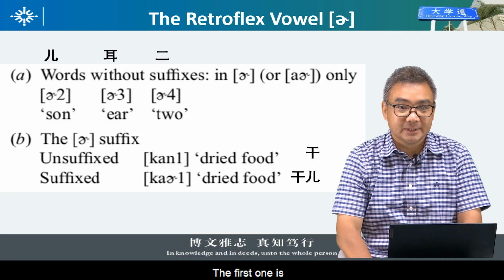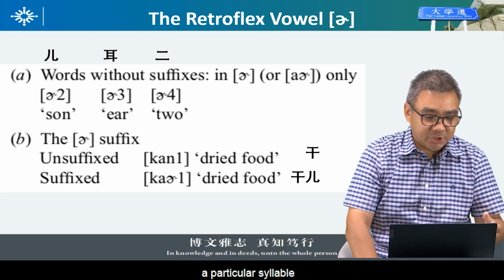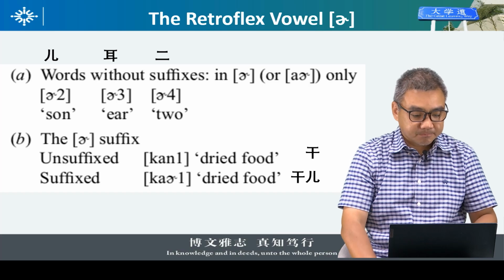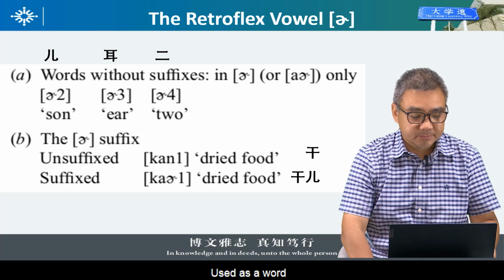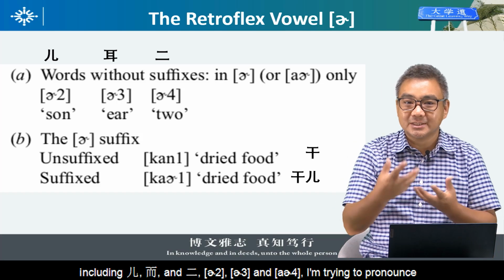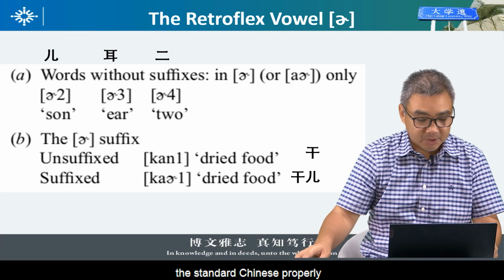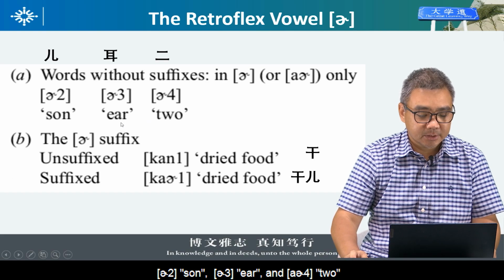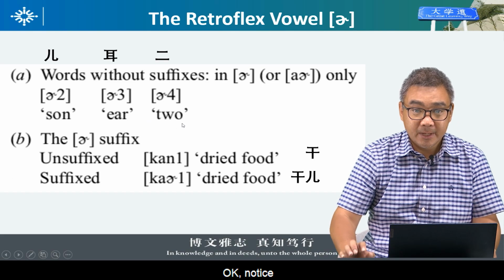First one is a particular syllable, one or two particular syllables used as a word, including er. I'm trying to pronounce the standard Chinese properly. Okay? San, ear, and two. Okay?